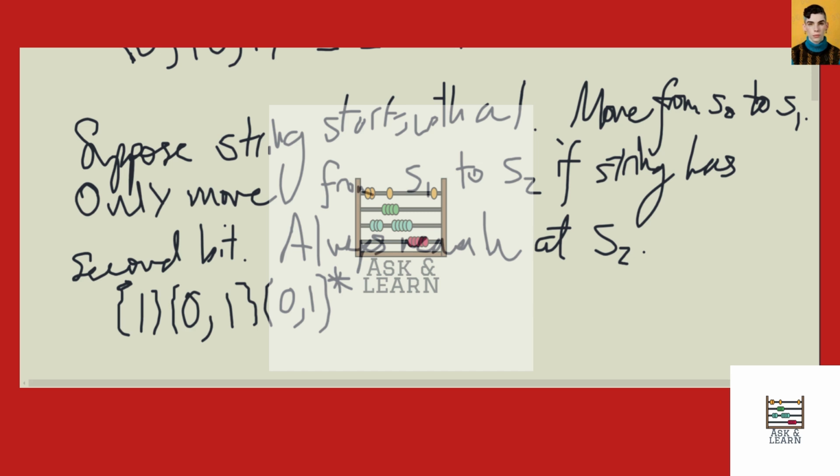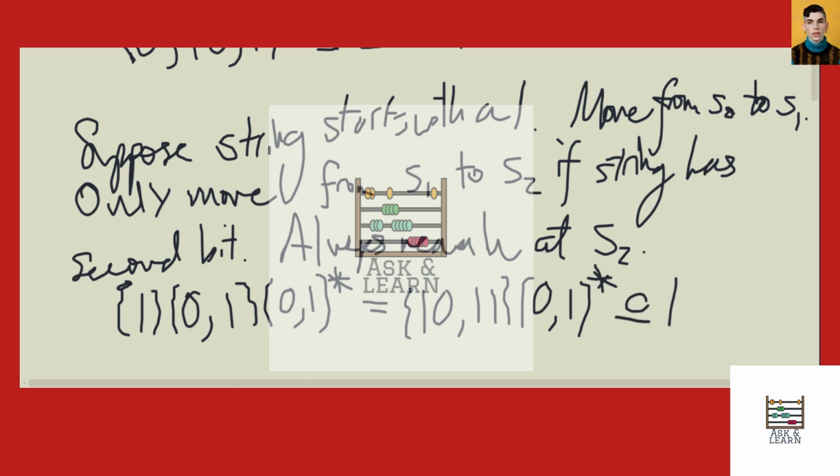But we notice that this can also be written by applying the concatenation to the first two sets as the set containing the strings 10, 11, and the set {0, 1}* is a subset of the recognized language.